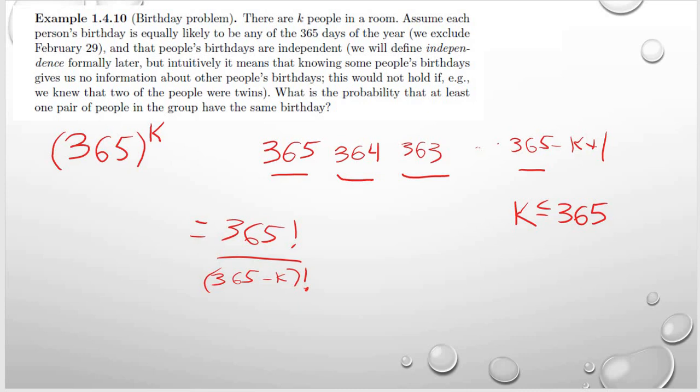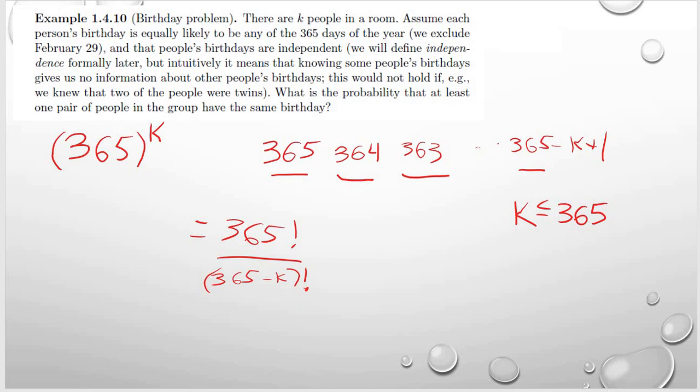We could generalize the problem to include leap years a little bit, but let's not work that hard. So here we have, forgetting about leap years, how many ways there are for k people to have their birthdays spread throughout the year without any repetition, while over here we allowed repetition with 365 to the k.